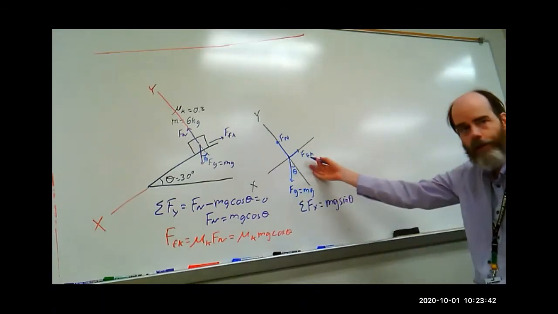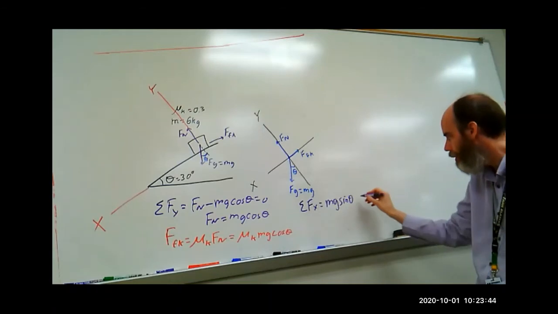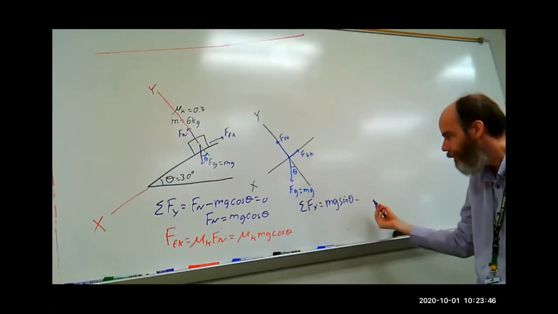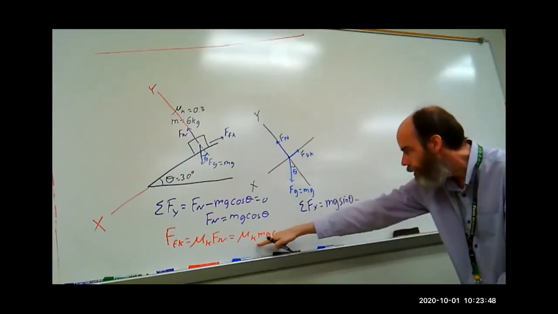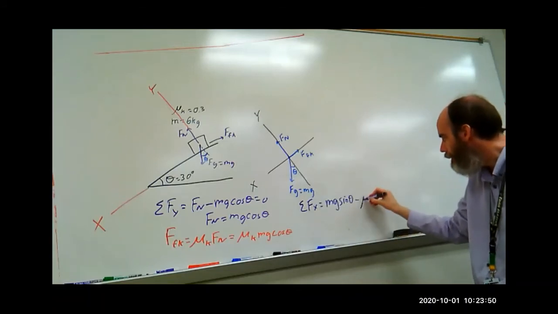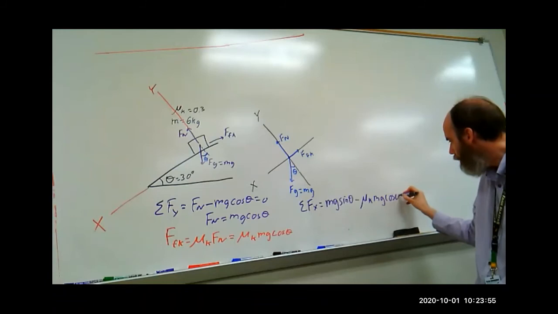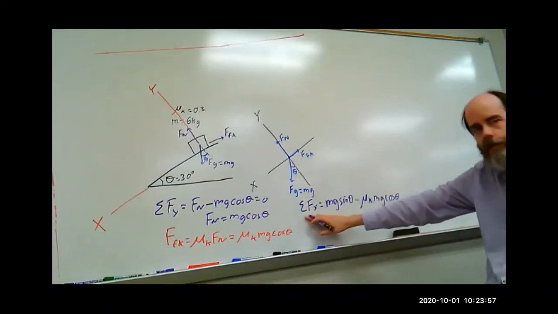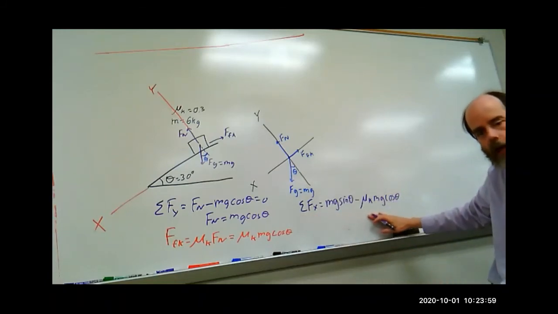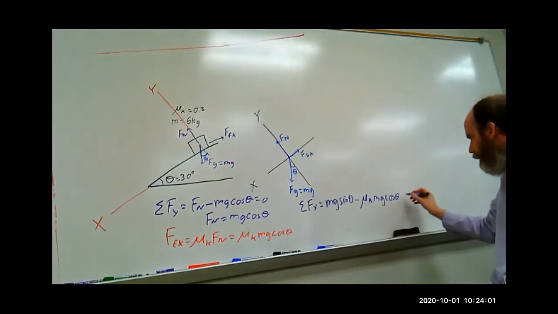And then we have the force of friction in the negative x direction. So minus force of friction, which is minus μk mg cos theta. Sum of forces in the x direction equals mass times acceleration in the x direction.